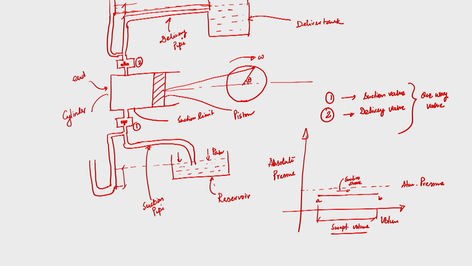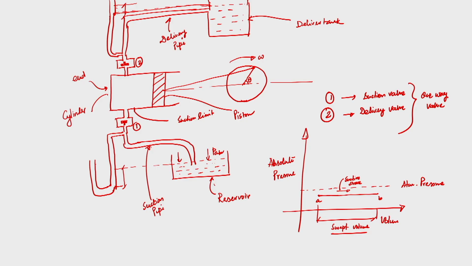Now after coming to point B, whenever I am bringing the piston from the piston end to the front side, the delivery valve remains closed, because it is again a one way valve; there is no sufficient pressure to lift the delivery valve and allow the liquid to go out to the delivery tank via the delivery pipe. So it will remain seated there.